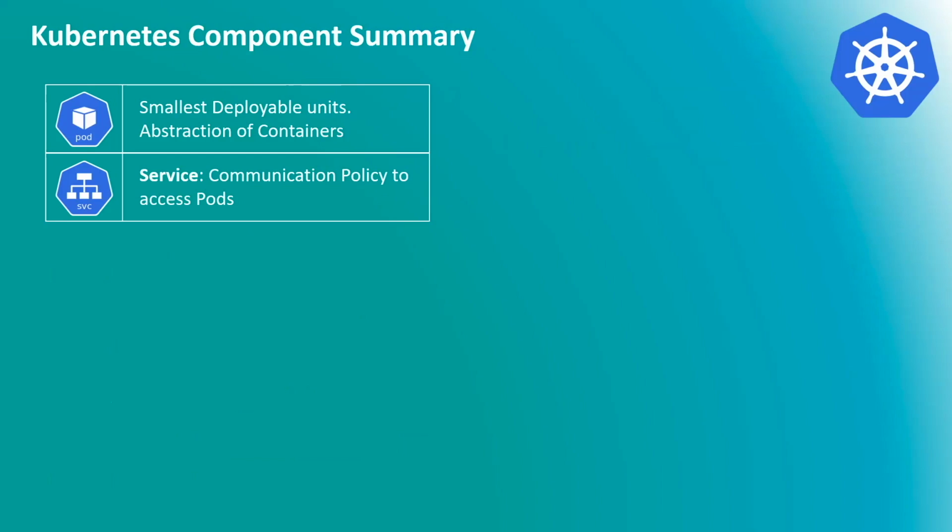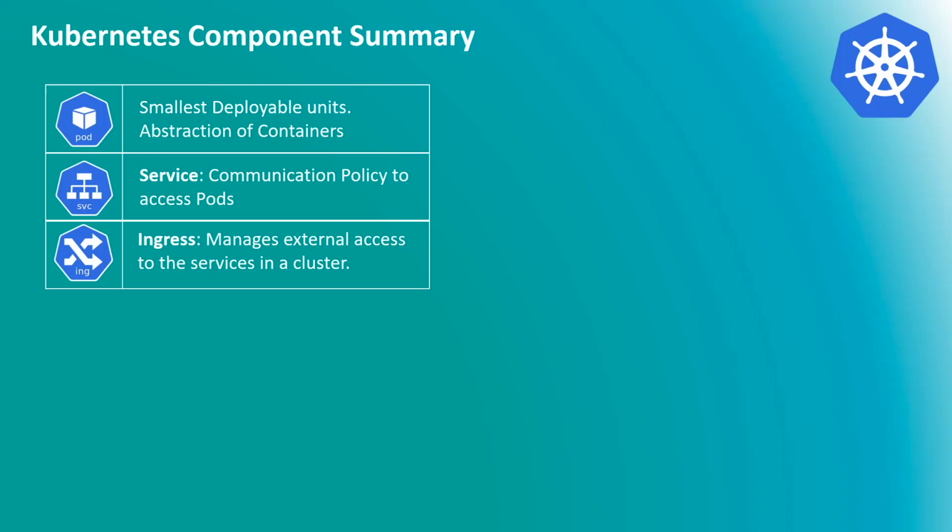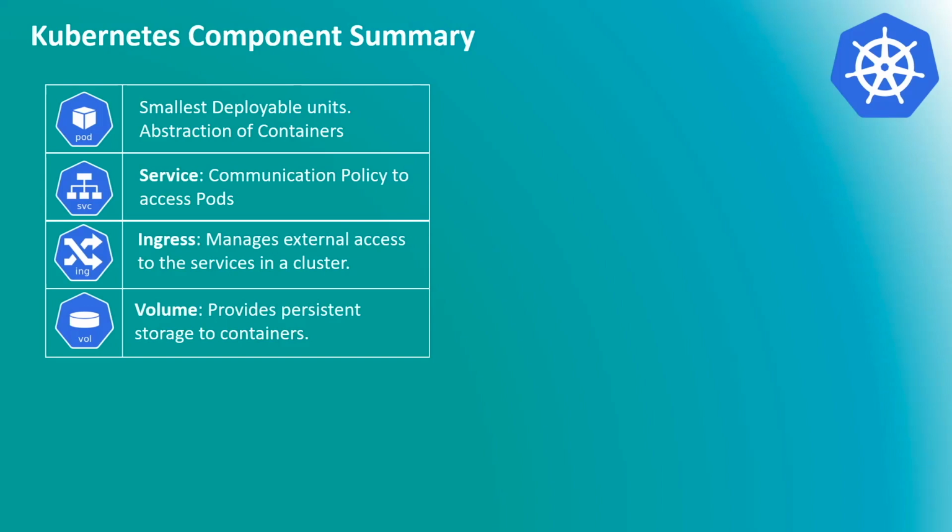We reviewed services, which are the communication policy to access between the nodes, and services are not tied to the pod lifecycle, and they provide a static or primary IP address to each pod. We also reviewed Ingress. Ingress manages external access, provides traffic load balancing, and routes the traffic to the services inside a cluster.